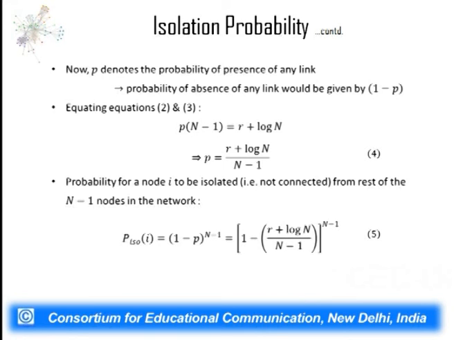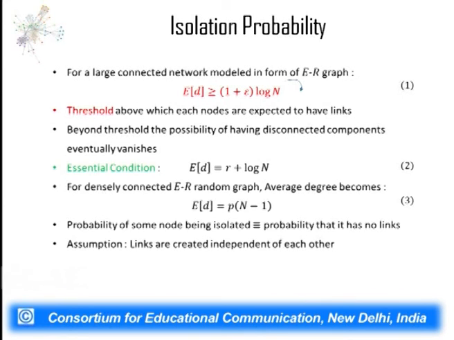And when we equate these two equations 2 and 3, because they are the formulation for the same average degree, r plus log n can be equated to p multiplied by (n minus 1), and we get a formula specified in equation 4, that p is (r plus log n) by (n minus 1). So, this is the value of the probability of success in another way.